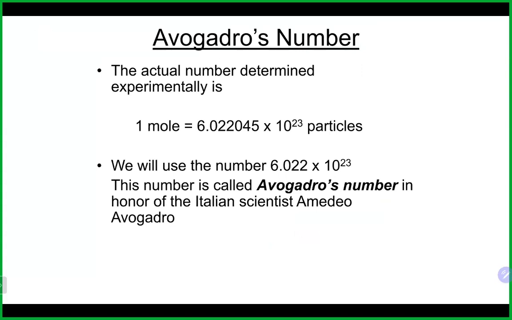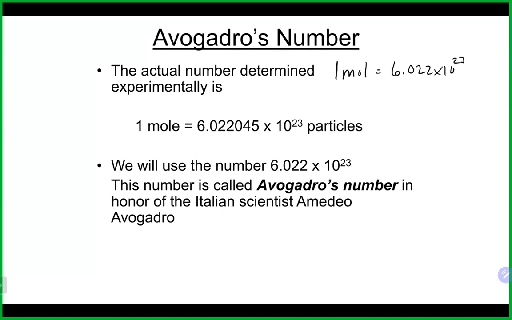And in the case of a mole, it represents basically that you have 6.022 times 10 to the 23. And that is what is known as Avogadro's number. Avogadro's number is that 6.022 times 10 to the 23. If you have 1 mole of anything, that is the same as having 6.022 times 10 to the 23.